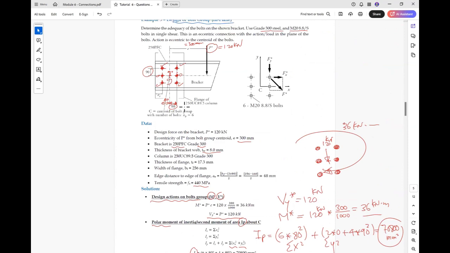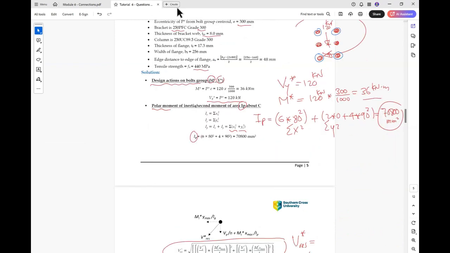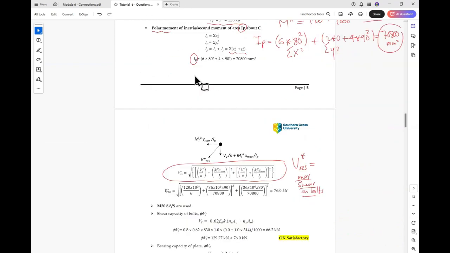According to our drawing here, this corner will have the maximum shear forces. If we apply this formula, do we need the two terms or only one of them? We have the value of Vy and M times x, but Vx is 0, right? So we don't need this term.